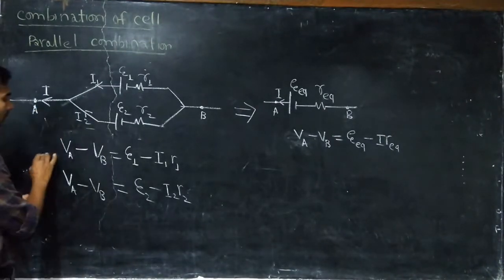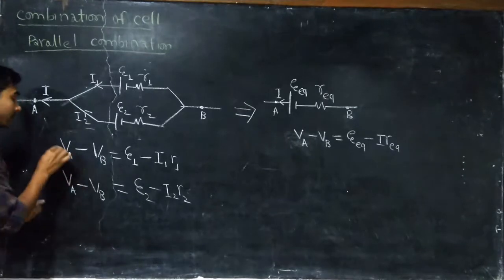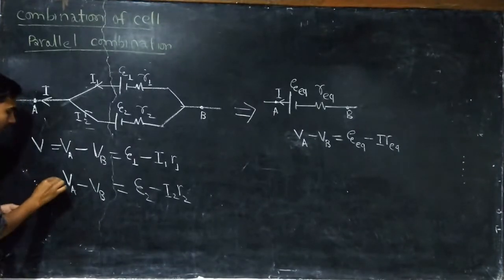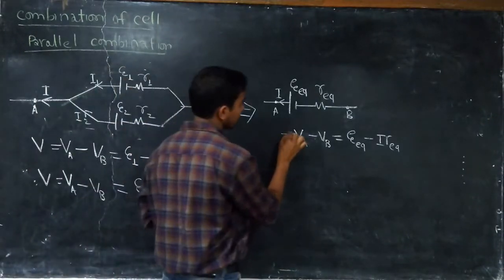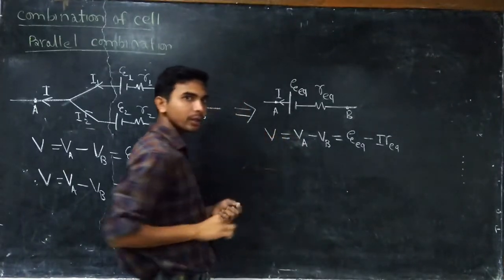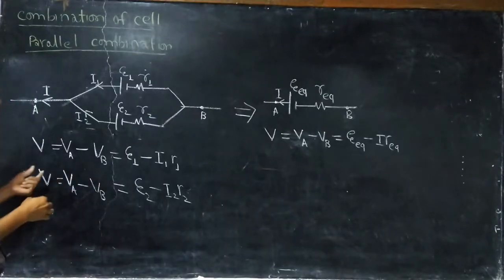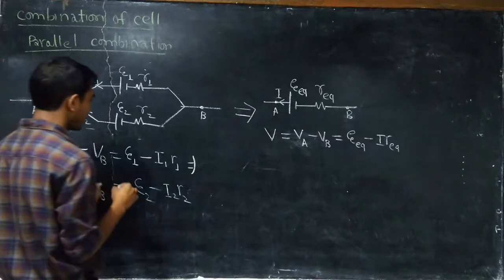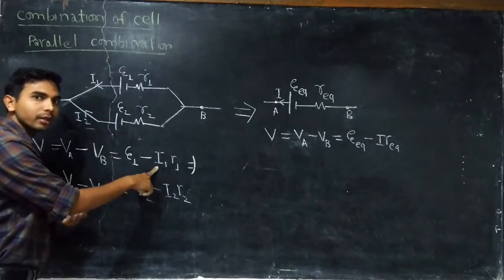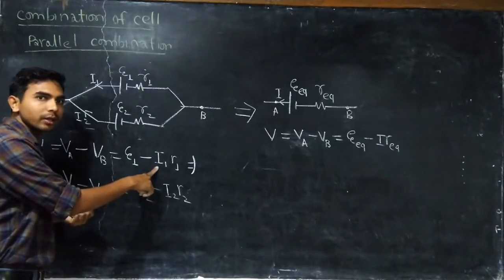Now suppose VA minus VB is V, and this is also V, and this will also be V, right? So from here you are able to see that. So from here we can write like this. Basically we are going to find the value of I1, right?